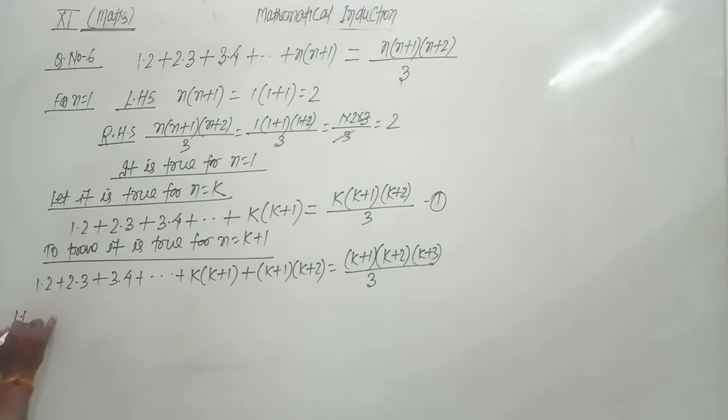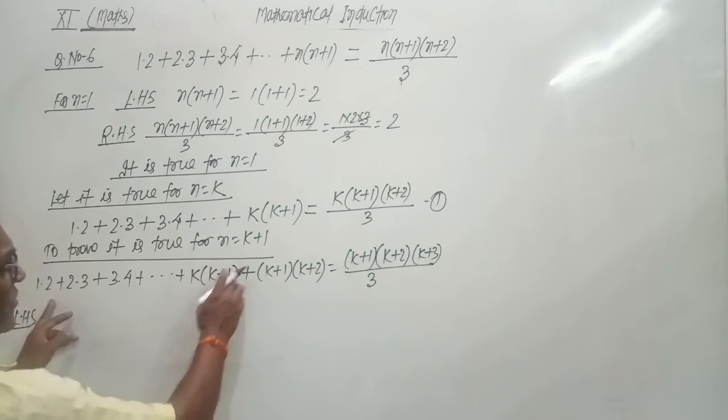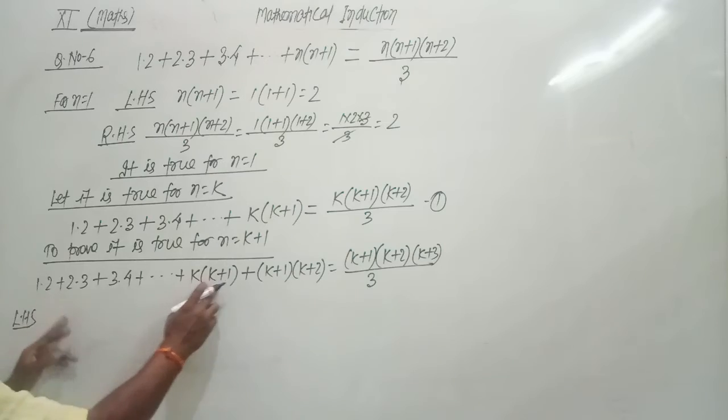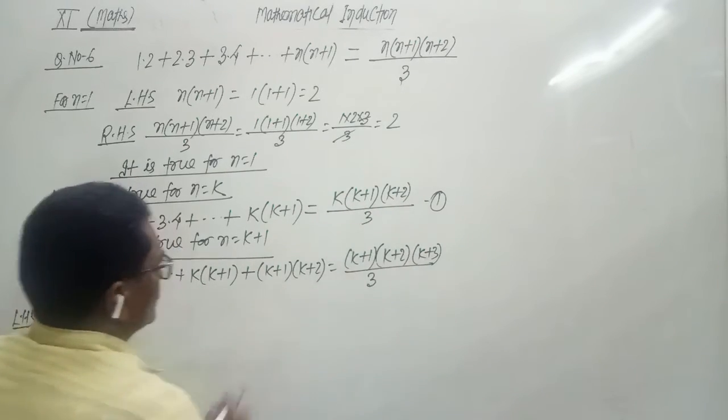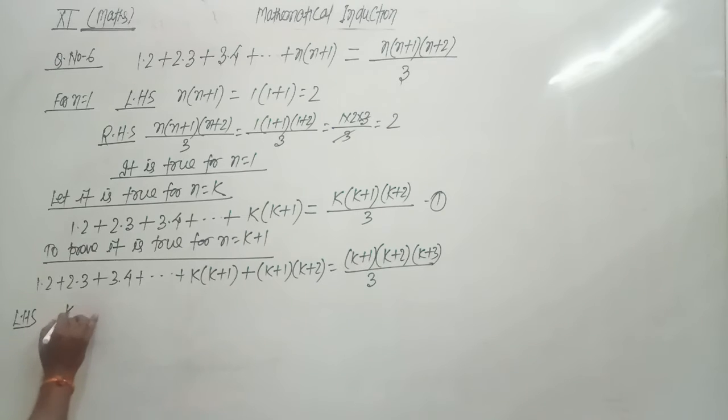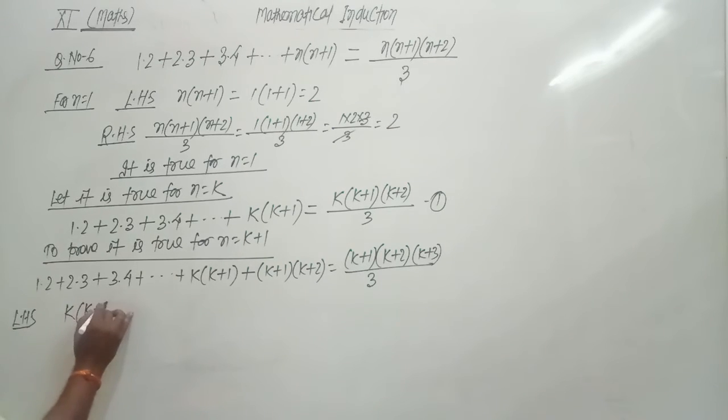So by taking LHS up to this term from first number equation, we replace this whole term by k into k plus 1 into k plus 2 upon 3.